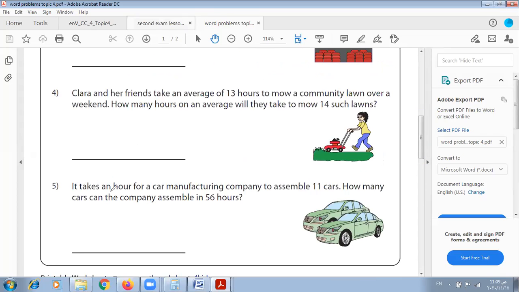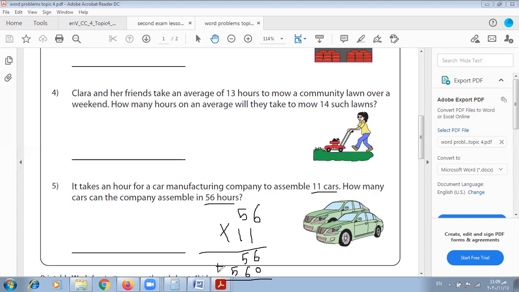So, it takes an hour for a car manufacturing company to assemble 11 cars. How many cars can the company assemble in 56 hours? So I need to multiply 56 times 11. So 1 times 6 is 6, 1 times 5 is 5, then we add a 0, 1 times 6 is 6, 1 times 5 is just 5.